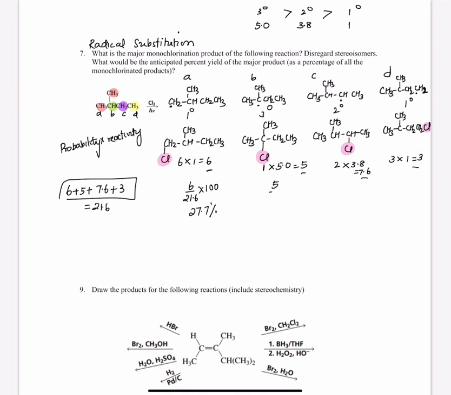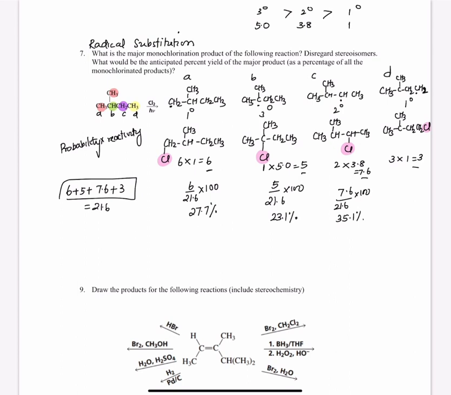And for this one, it's going to be 5 divided by 21.6, which is going to be equivalent to 23.1%. And for the next one, it's going to be 7.6 divided by 21.6, which is going to be equivalent to 35.1%.